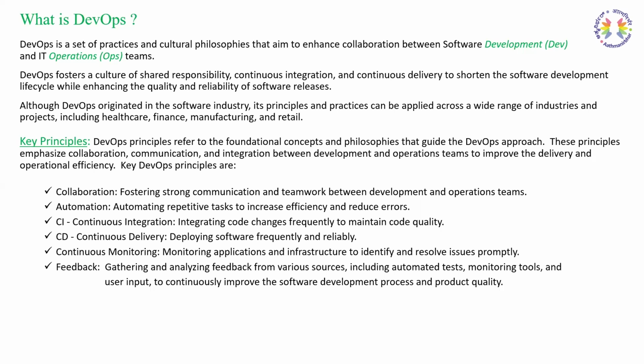Continuous delivery makes sure that updates created by CI, that is continuous integration, can be quickly put into use whenever needed. So this method helps the teams make improvements faster and with fewer issues that can be implemented successfully. Sounds good? Is it easy to understand these key principles? Good. Let's move on to the next one.